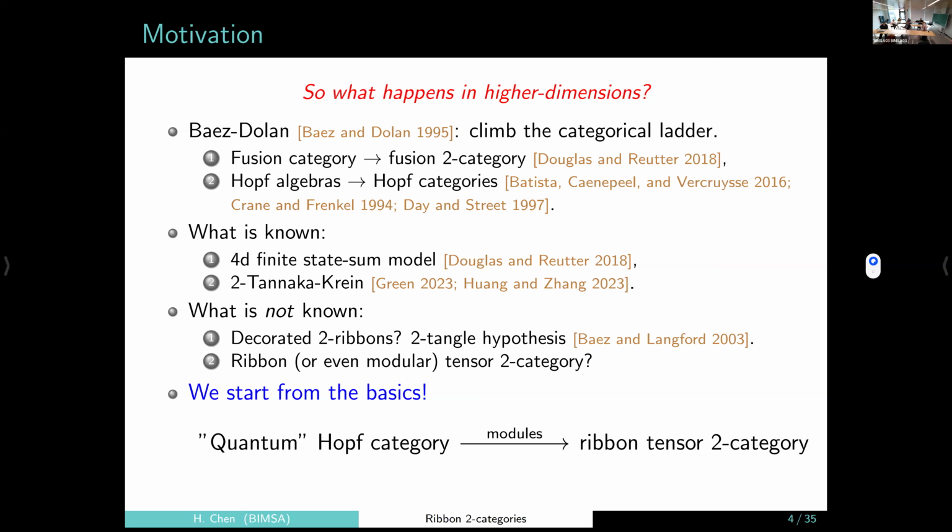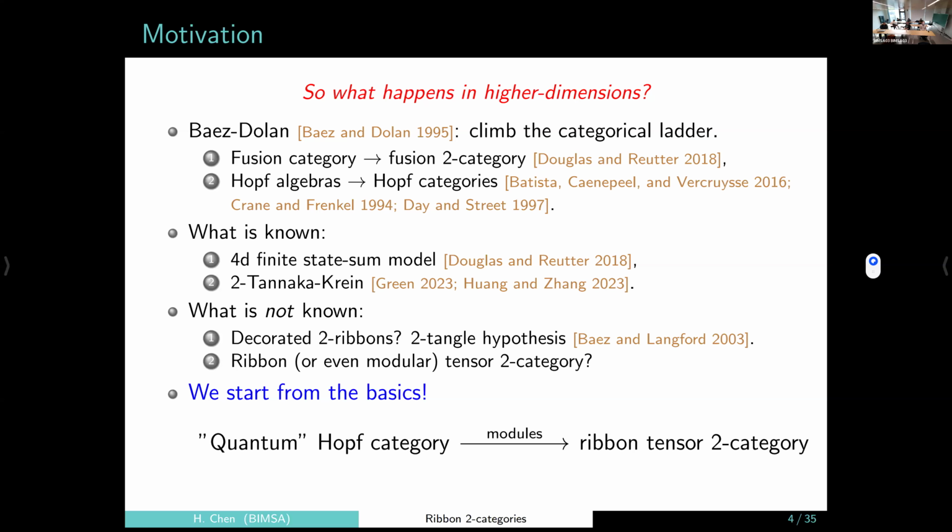So you have a modular tensor 2-category, but I'll just talk about the ribbon bit, and that's already pretty complicated. The strategy that I will follow is to construct a quote-unquote quantum Hopf category, like a higher quantum group type of thing. I'm going to forget about the analysis and just look at the algebraic structure. Then I'll look at the modules and see what happens.